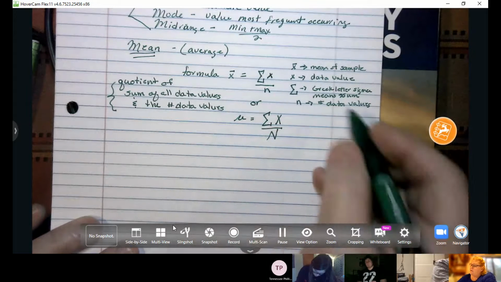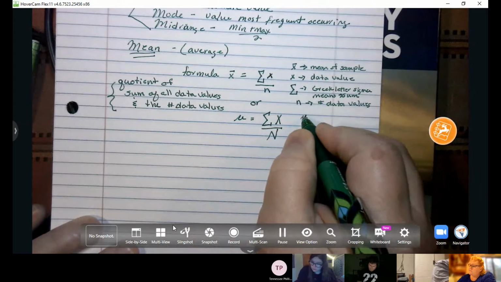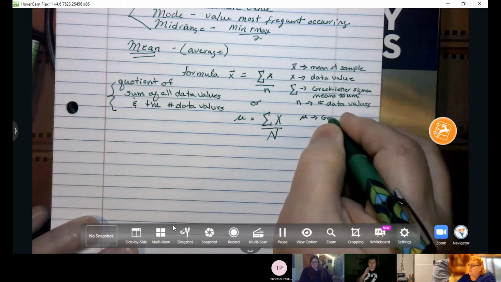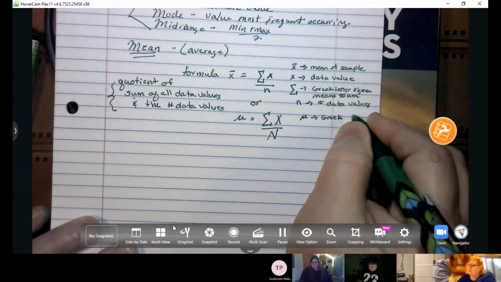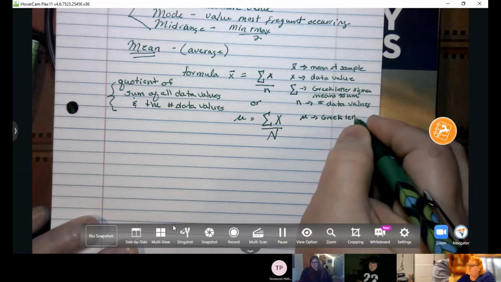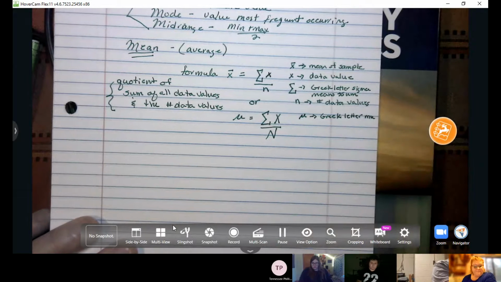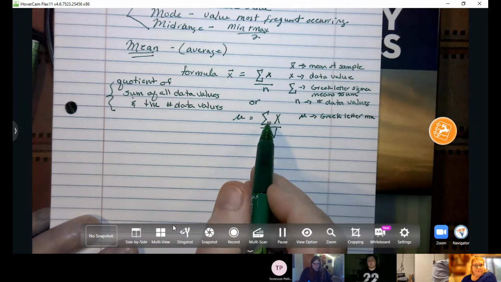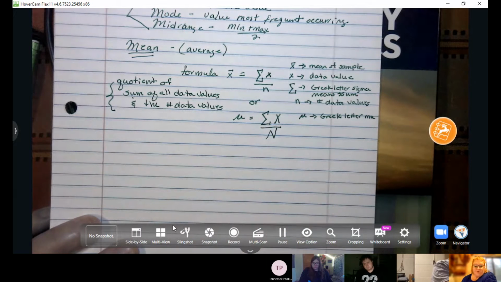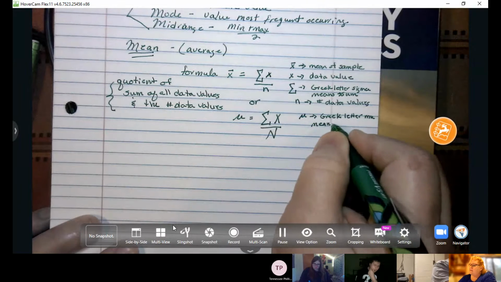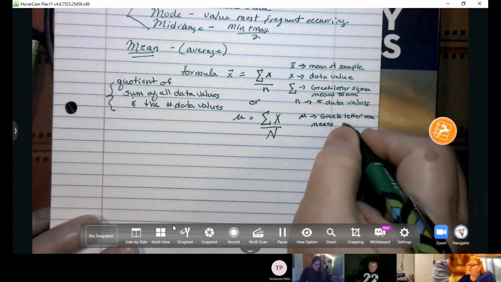This funny looking symbol is another Greek letter called mu, where the sigma is the capital. This is a lowercase mu. And it means population.